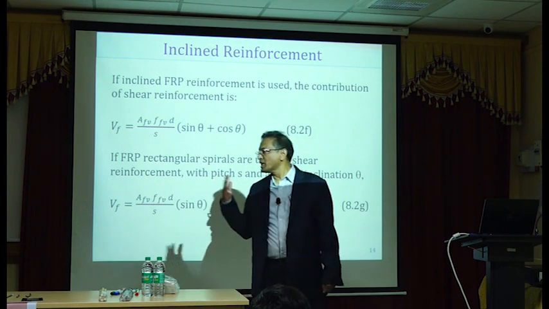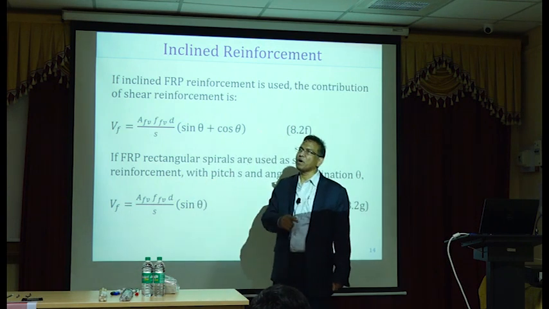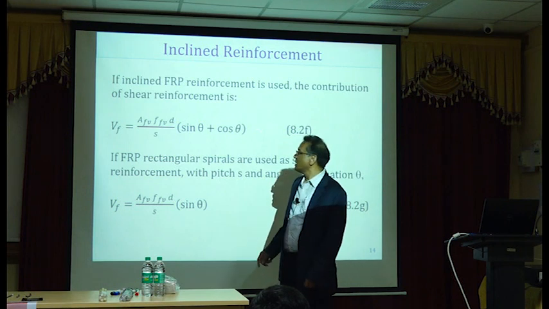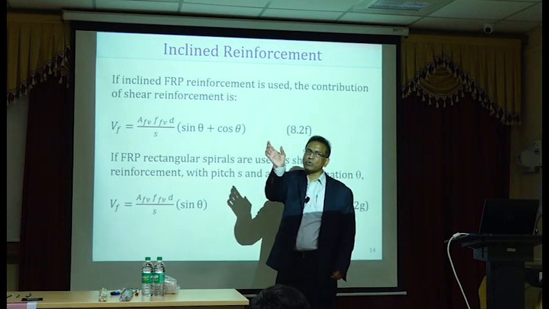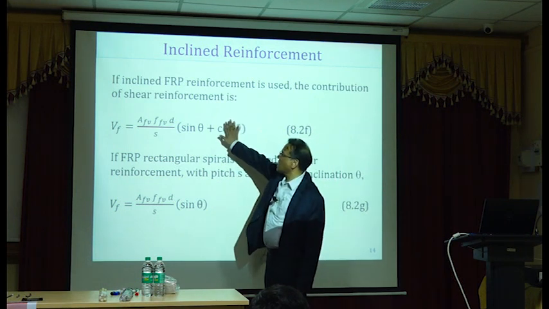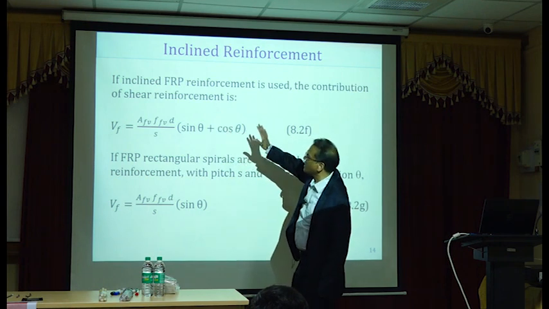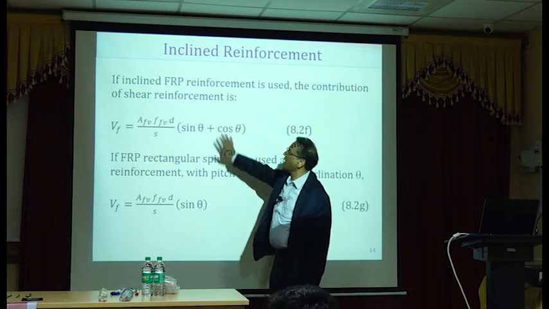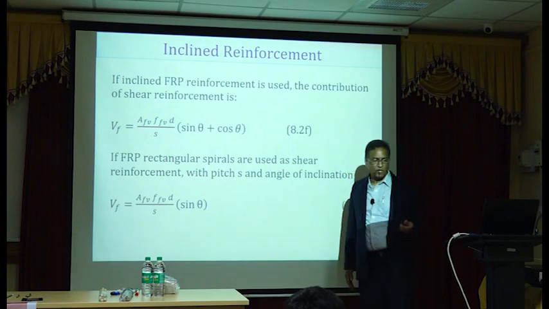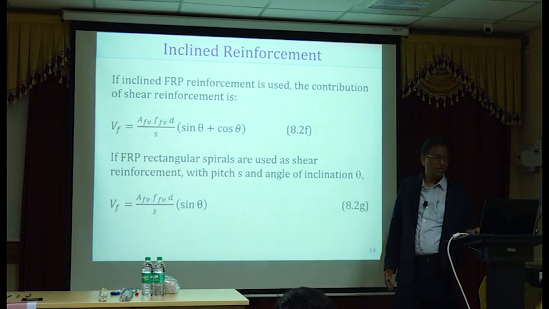It's more expensive to make a bent bar and place it than to use just vertical bars at closer spacing. So I think it is highly unlikely you will use these equations, because many people don't prefer using bent bars.